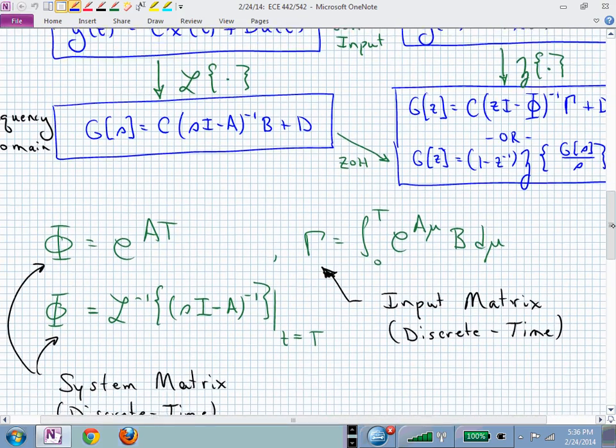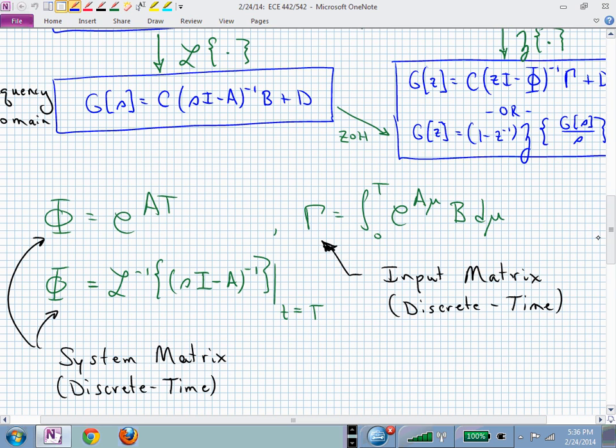The phi matrix is actually just a matrix exponential, e to the A T, where capital T is our sample period. Or if we were doing this by hand, you could find (sI minus A) inverse as a matrix.